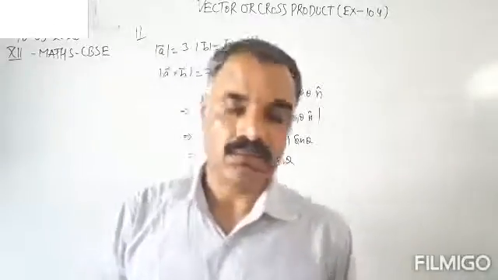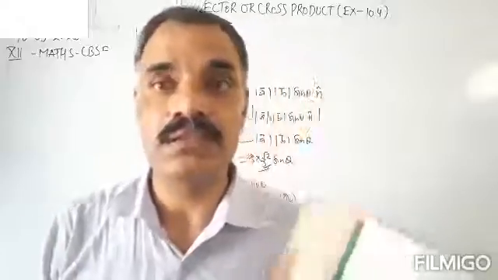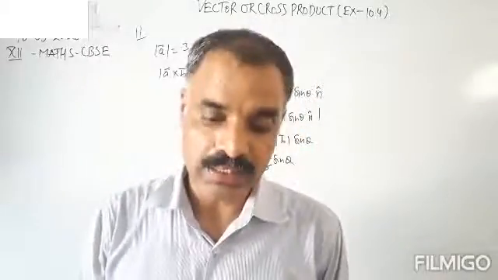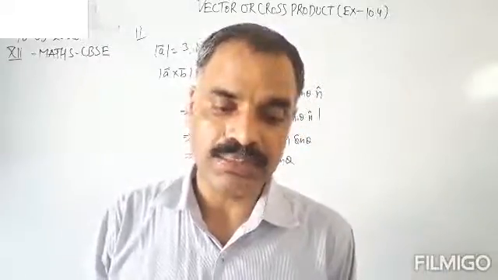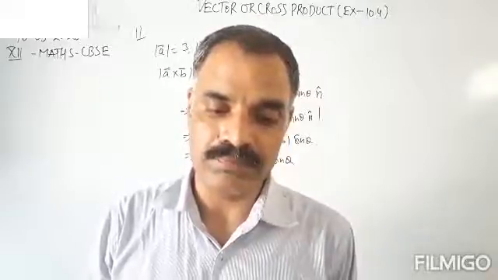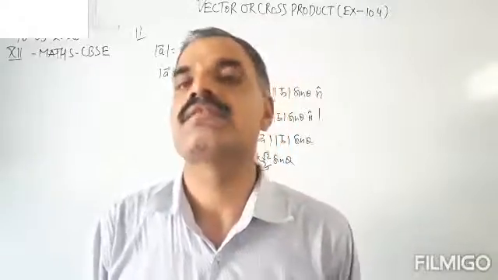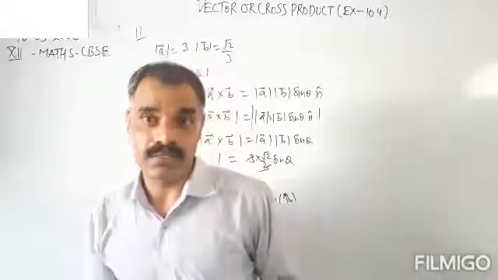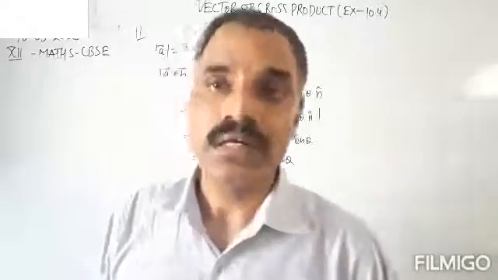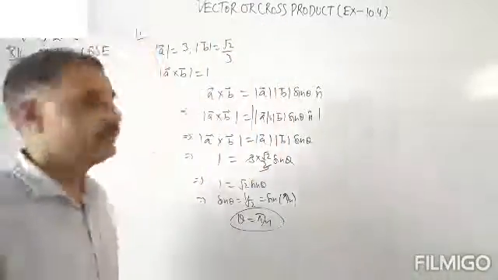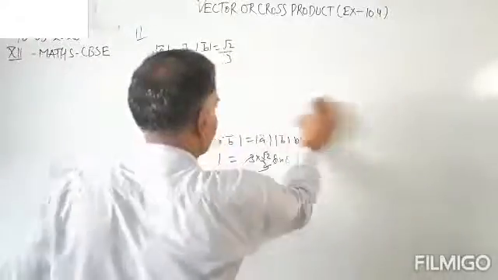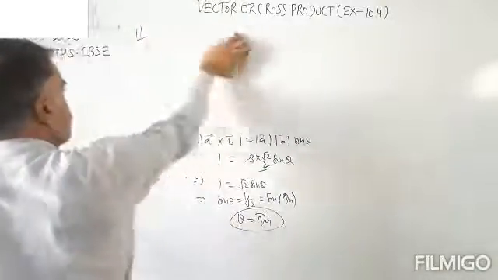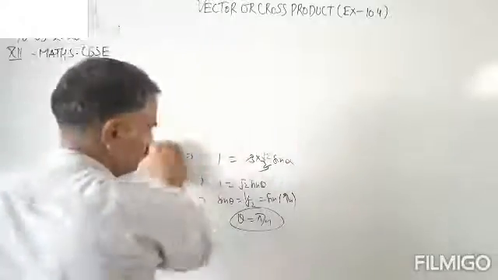Question number 12, we will discuss this orally. The area of a rectangle having vertices A, B, C and D with the given position vectors. Question number 12, the last question.